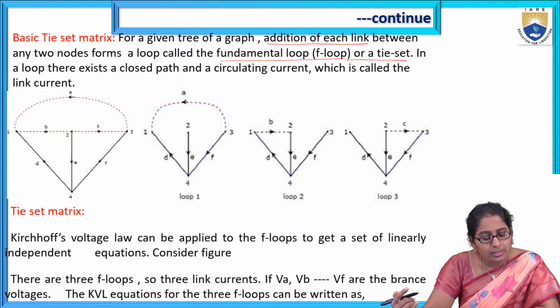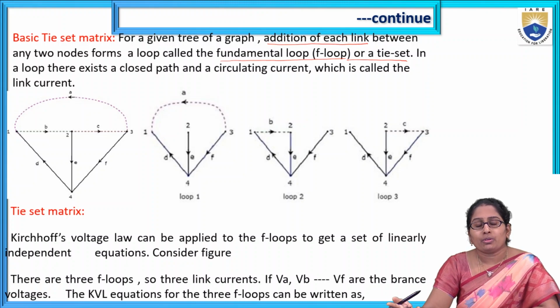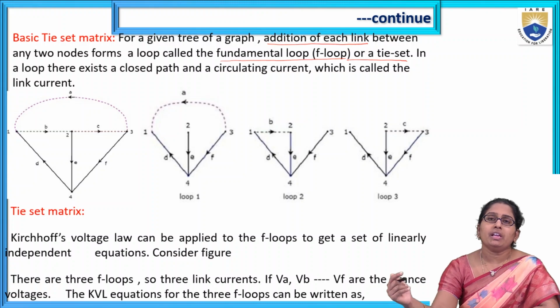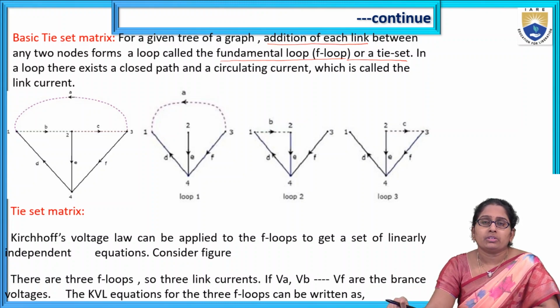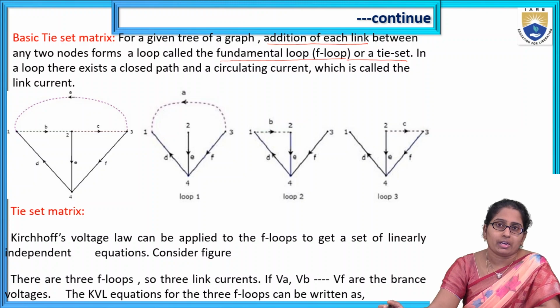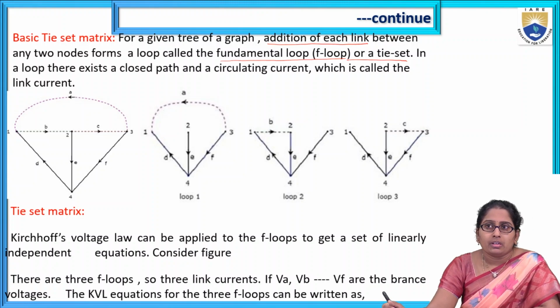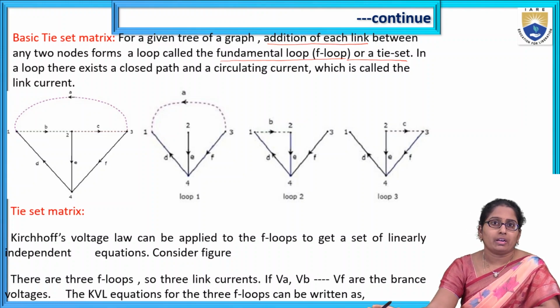Now, in a loop there exists a closed path, so there is a circulating current which is called link current.